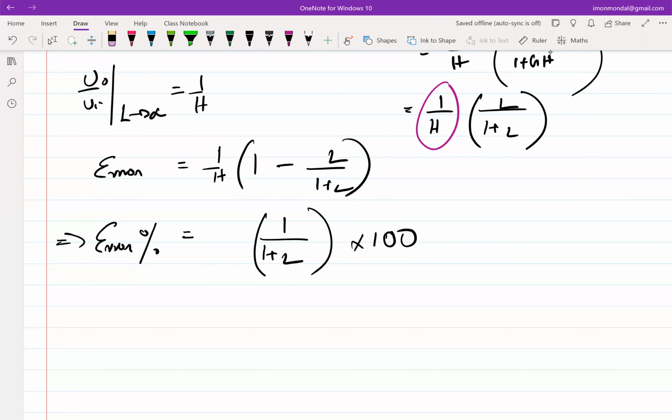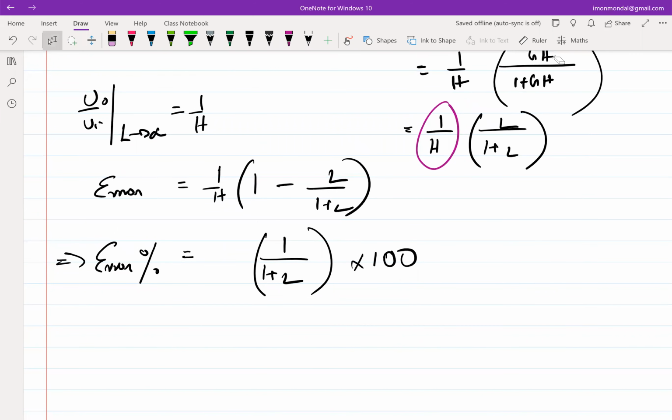So expected is 1 by H. I'm dividing by that, and this approximately becomes 1 by L times 100.